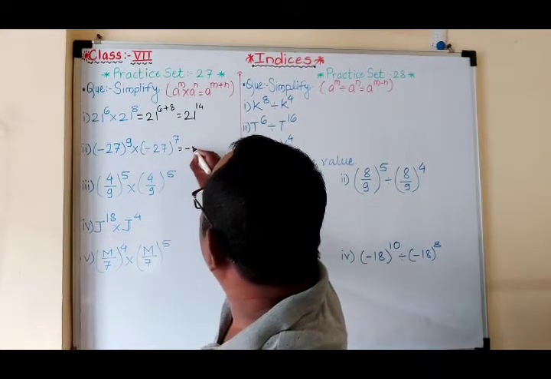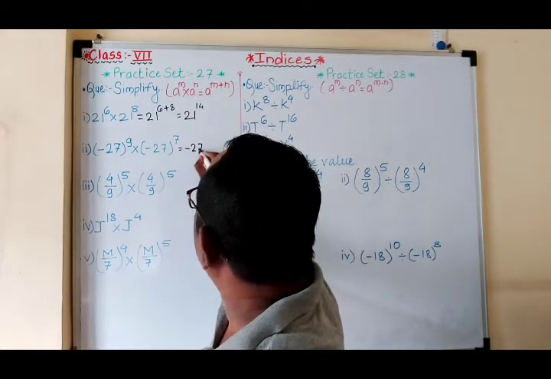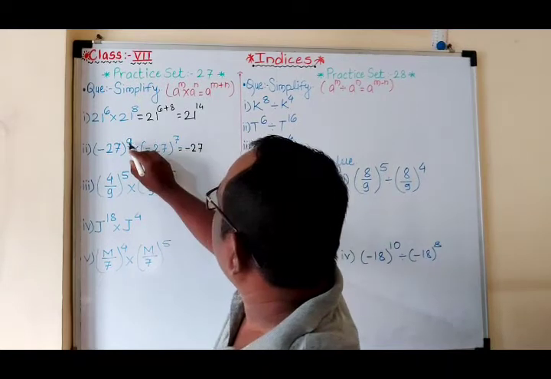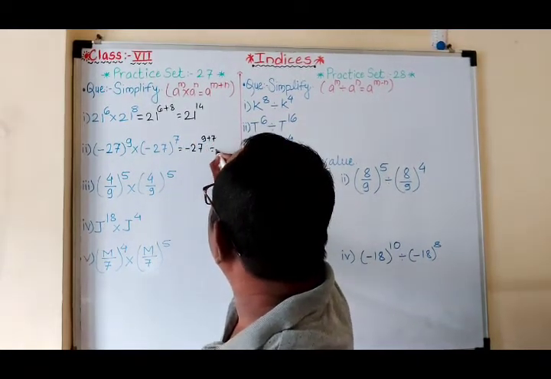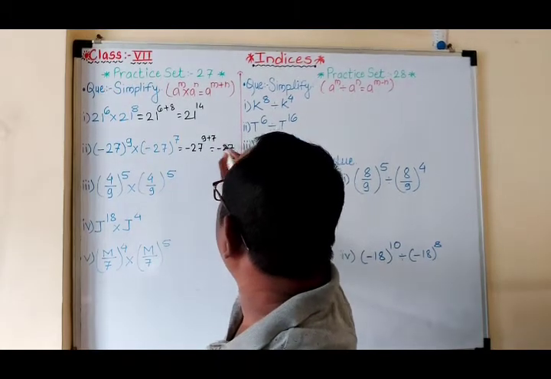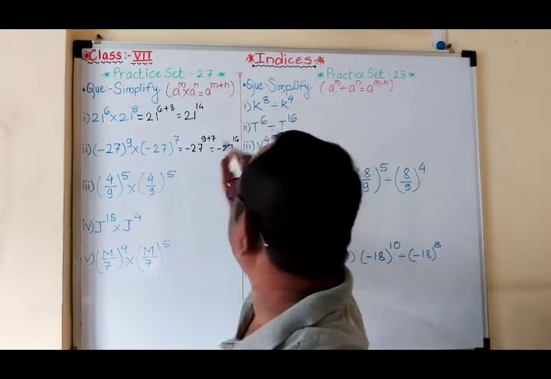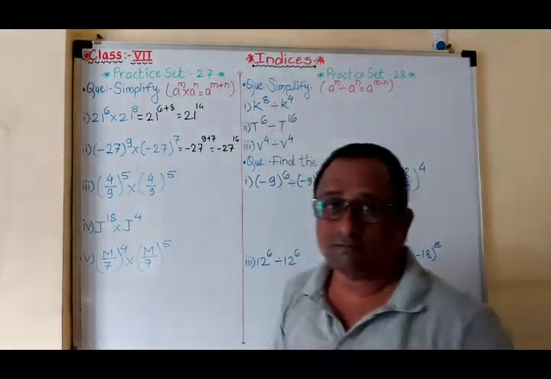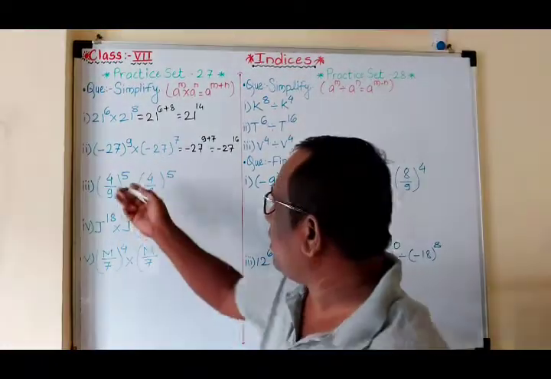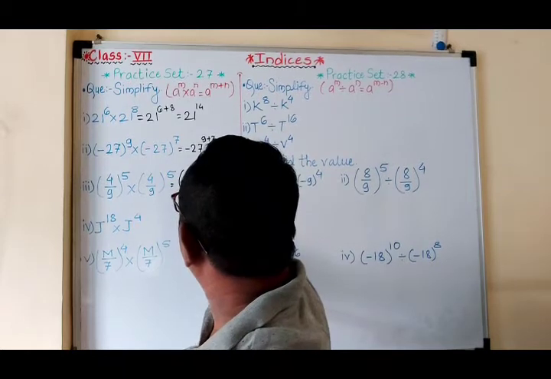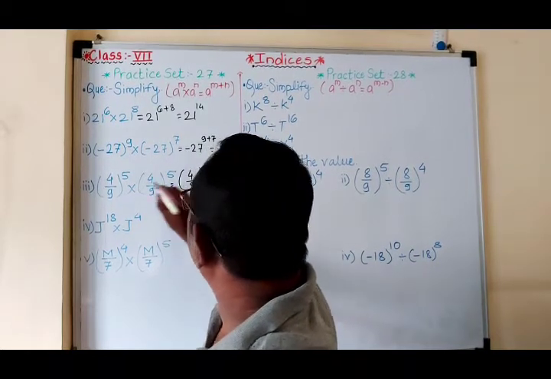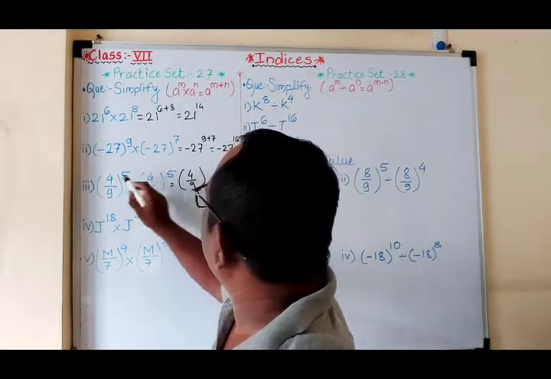Only take the base 1 time, then the index is 9 plus 7, we have to add, is equal to minus 27 to the 16. Simple. Again, now here is a fraction. So first take the base and then add the indices.